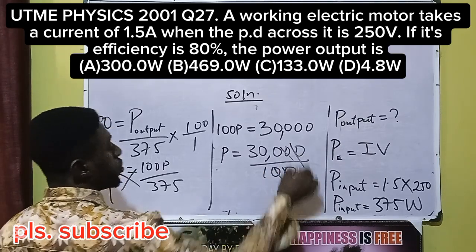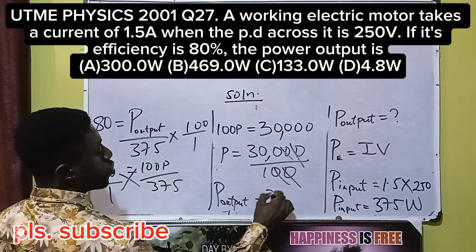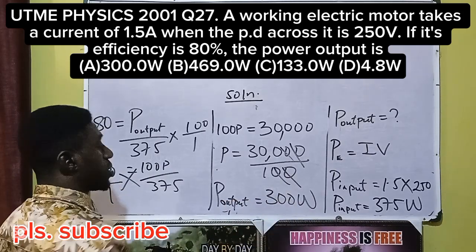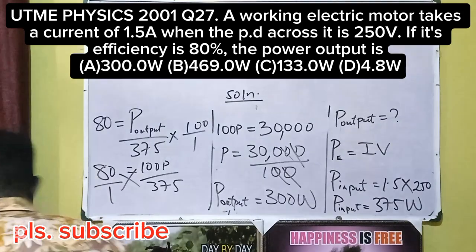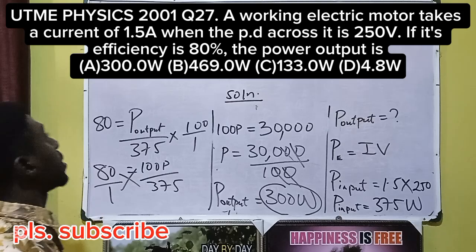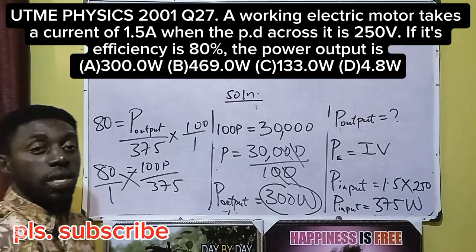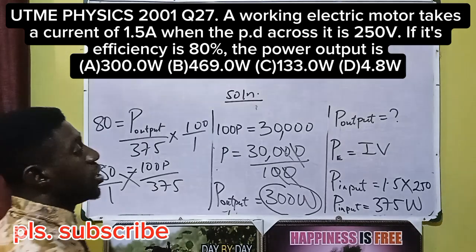Two zeros cancel two zeros. Therefore, our power output is equal to 300 watts. Then observing from the options, we can see that the best option there is option A, which indicates 300 watts.